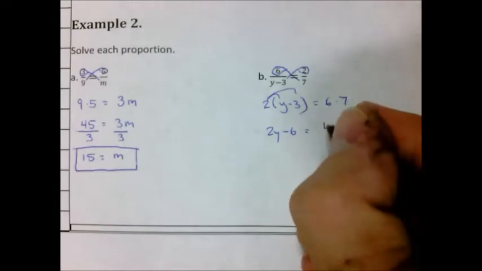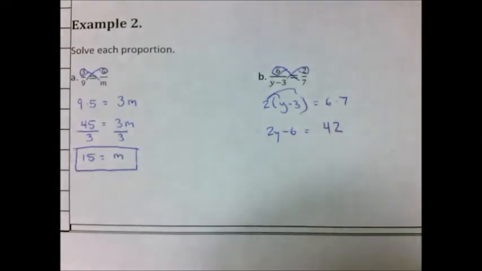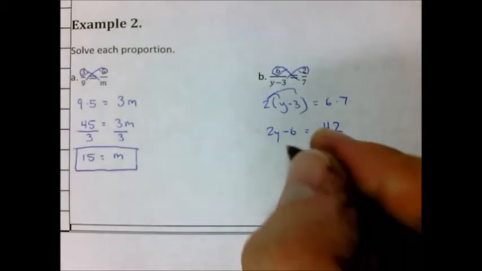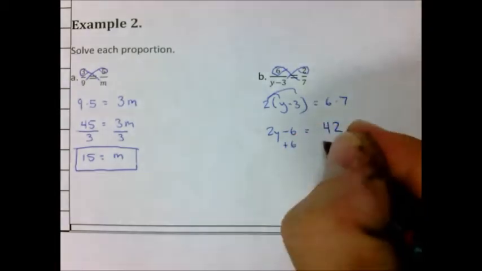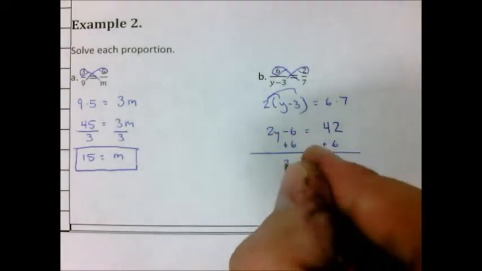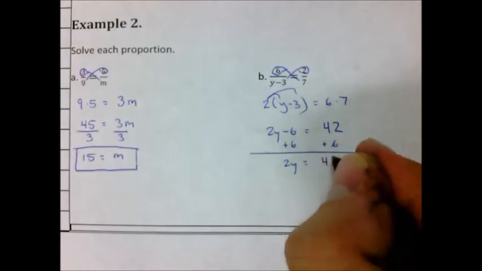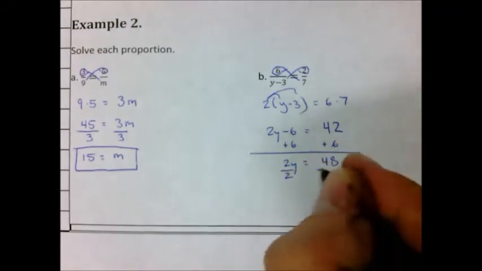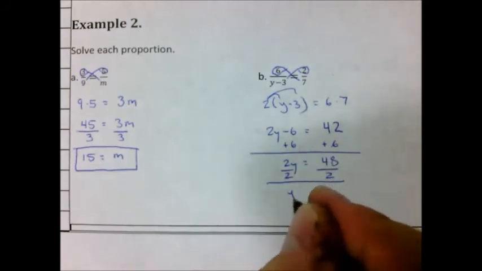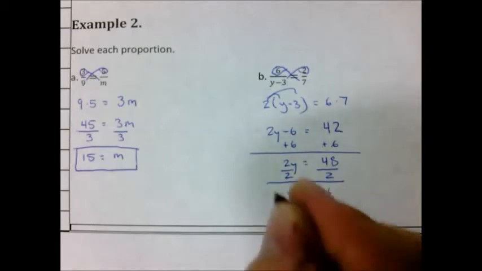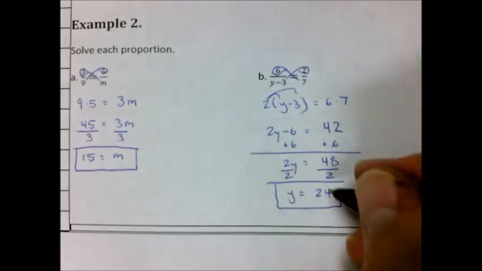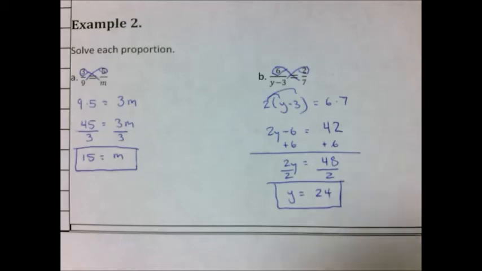And 6 times 7 is 42. And now we can just solve using that two-step equation. We're going to add 6 to both sides, and we get 2y is equal to 48. Divide by 2. And we end up with y equals 24. So we're seeing now that the unit that we learned last unit is really coming in handy in here to try and solve these types of problems.